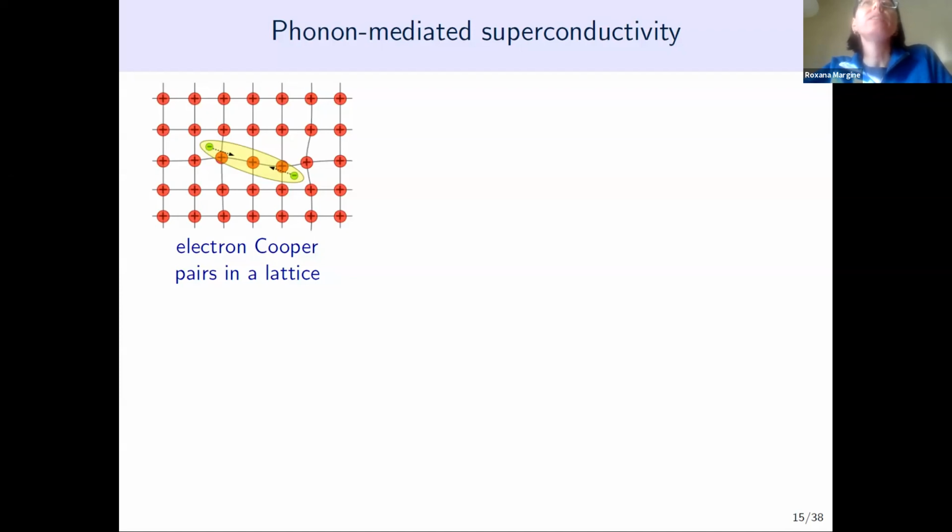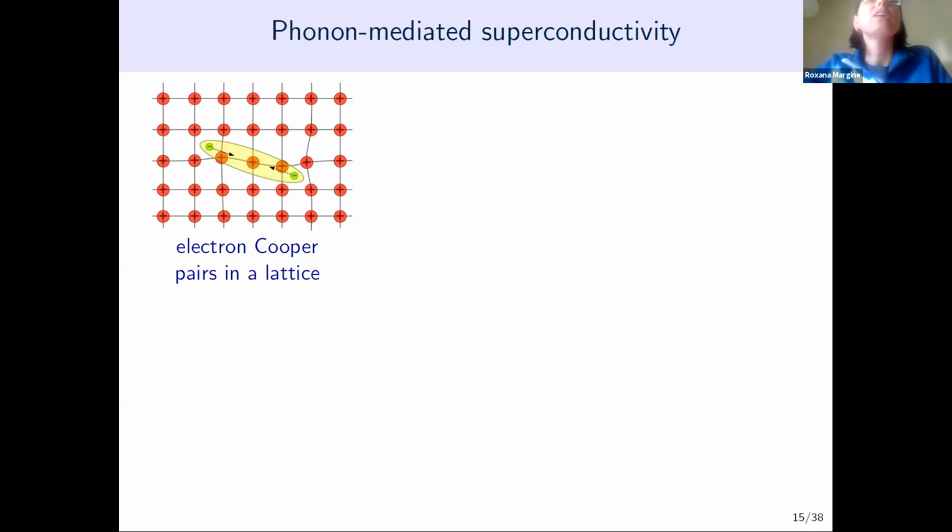The BCS theory starts from the assumption that there is some attraction between electrons which can overcome the Coulomb repulsion. In conventional superconductors, the attraction is mediated by phonons, so basically we have the coupling of electrons with the crystal vibrations.